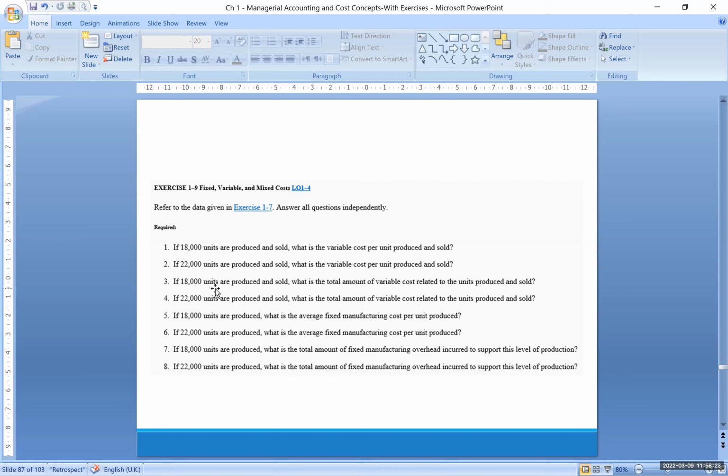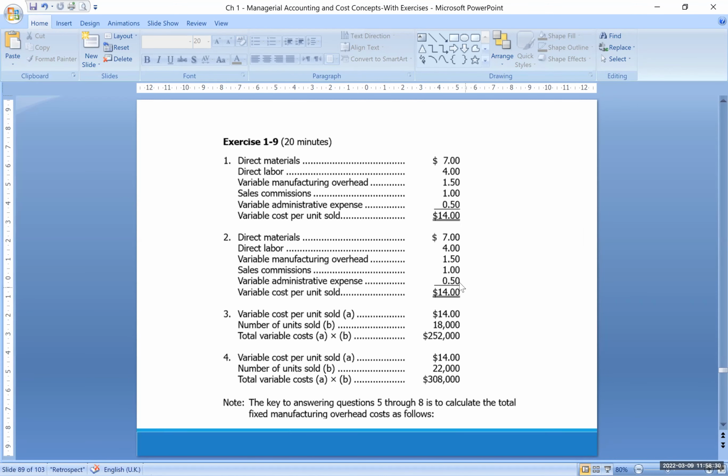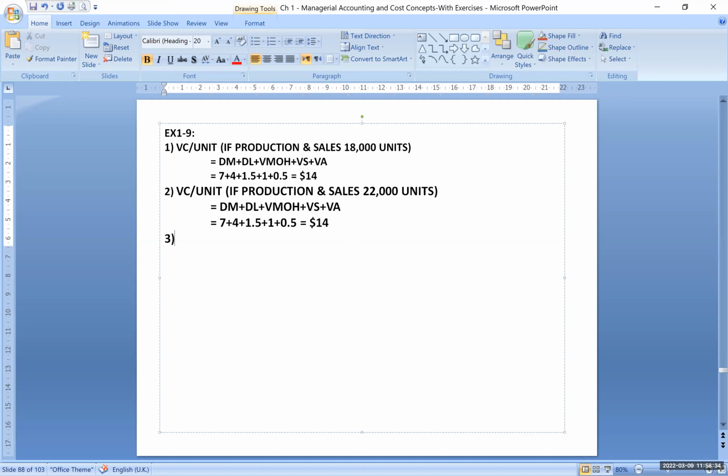So the answer for number three will be the variable cost per 1 unit, $14, multiplied by the number of units, which is 18,000 units.